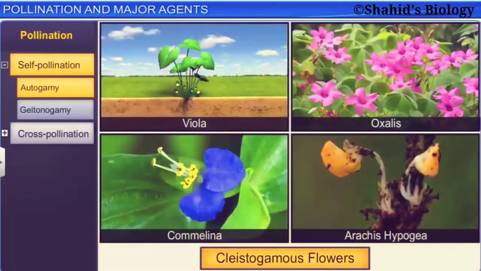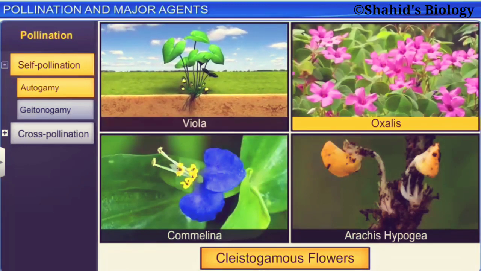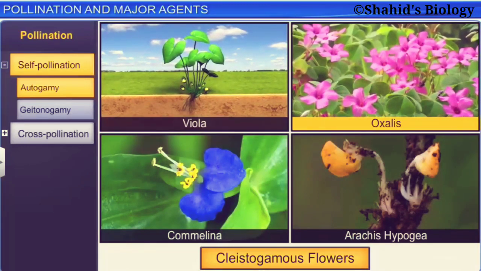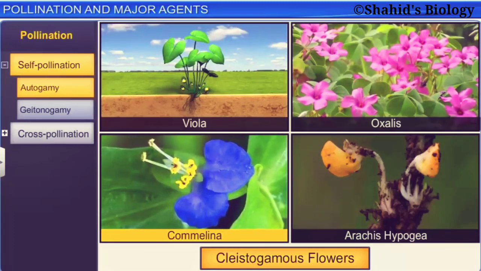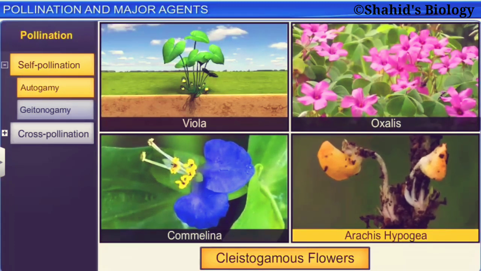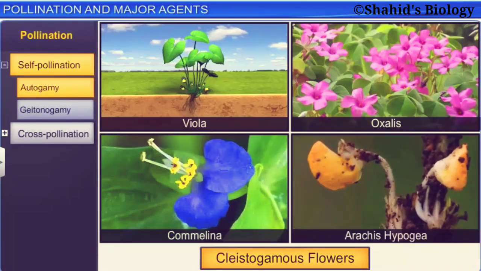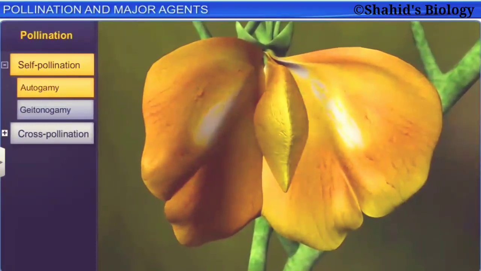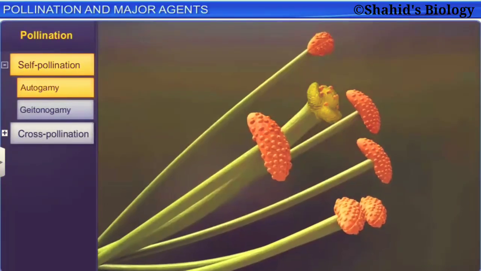These flowers are produced by plants such as viola, oxalis, commelina, and Arachis hypogaea or peanut. The anthers and stigma of these flowers lie very close to each other.